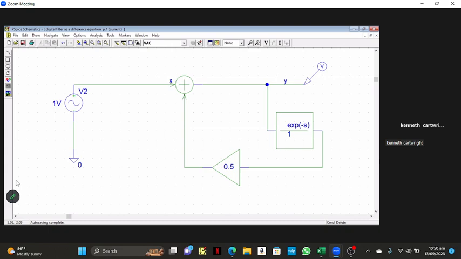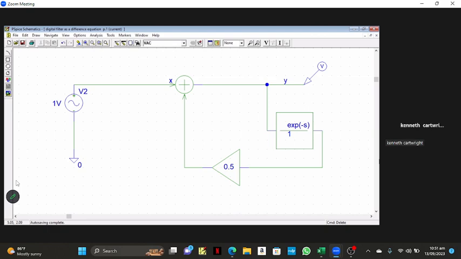Just look at this diagram and tell me what the output is equal to. Nobody?